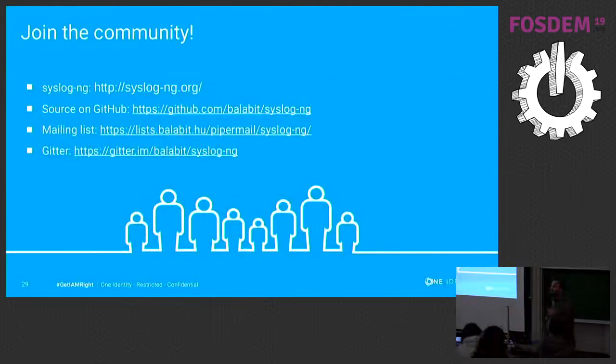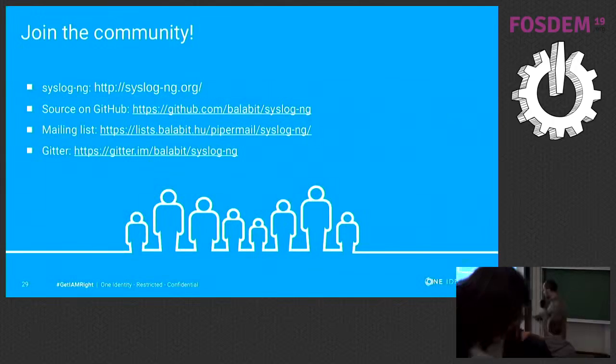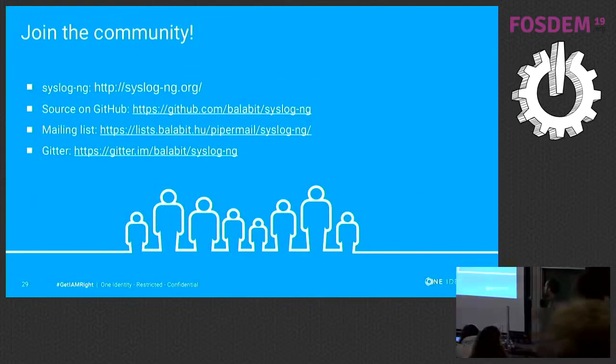If you want to learn more about syslog-ng and try it out, either just syslog-ng or the Python bindings, you can find more information on syslog-ng.org. The source code is on GitHub, and we also have an issue tracker there if you run into any problems. And you can ask questions on our mailing list or on Gitter.